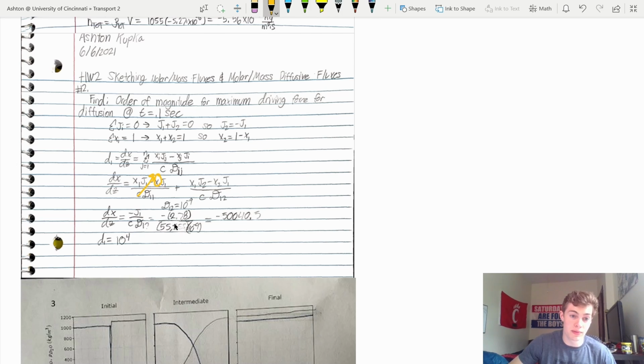So we get our 55,555 times our 10 to the negative 9th, and then our negative, don't forget the negative sign, 2.78, to give us negative 50,040.5, which also equals negative 5.004 times 10 to the 4, which means our order of magnitude for D1 is going to be 10 to the 4th.